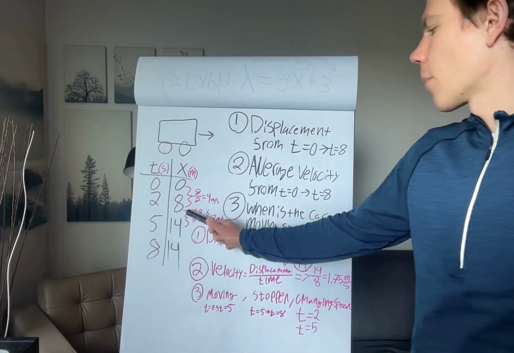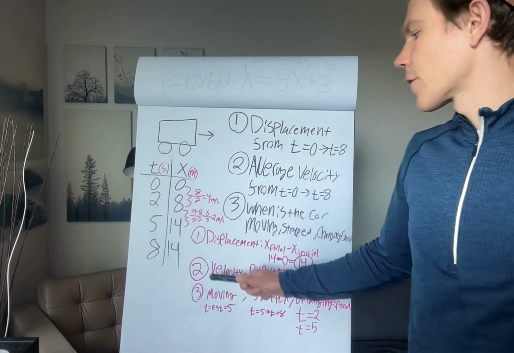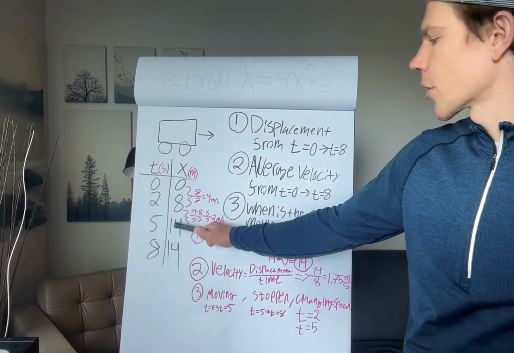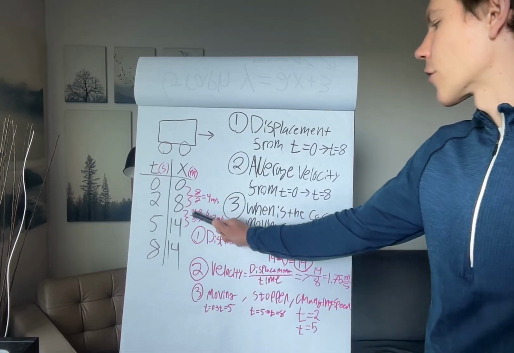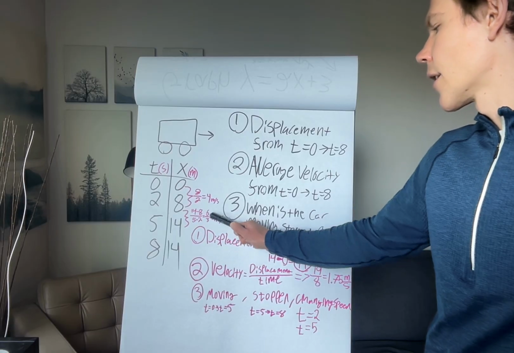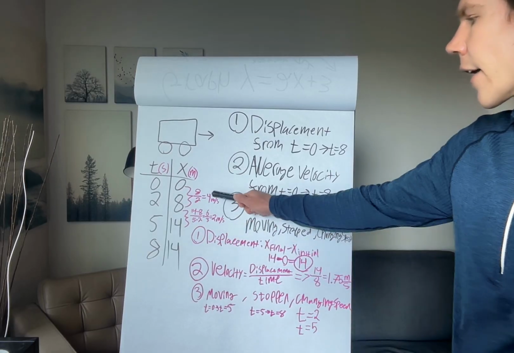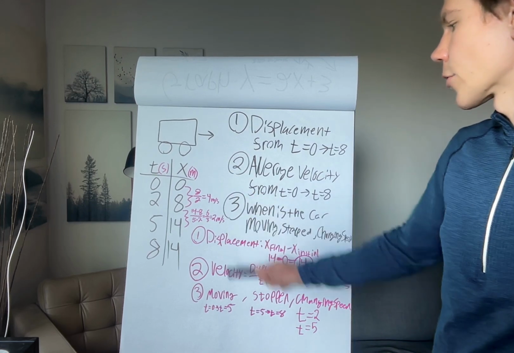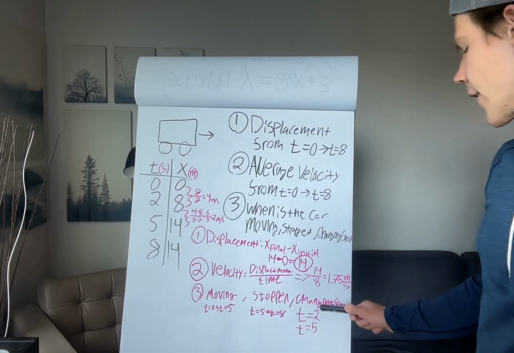But then from time t equals 2 to t equals 5, our change in position was 6 meters. 14 minus 8 is 6. And that is over a period of 5 minus 2 seconds, 3 seconds. 6 meters over 3 seconds, 2 meters per second. So what you can see is that the velocity decreases from 4 meters per second to 2 meters per second. So at time t equals 2, the speed changed.